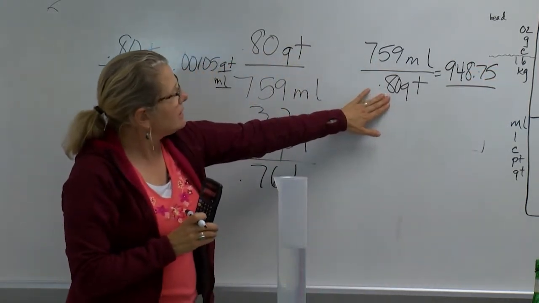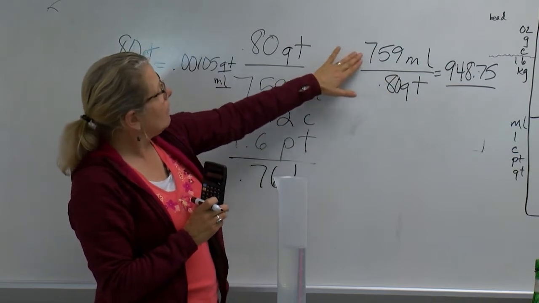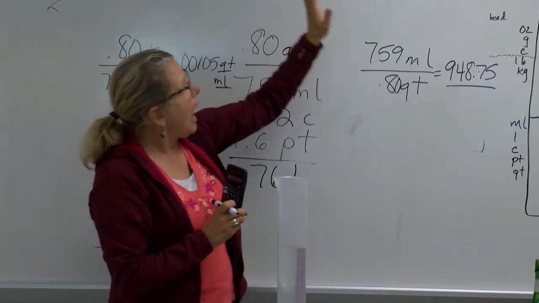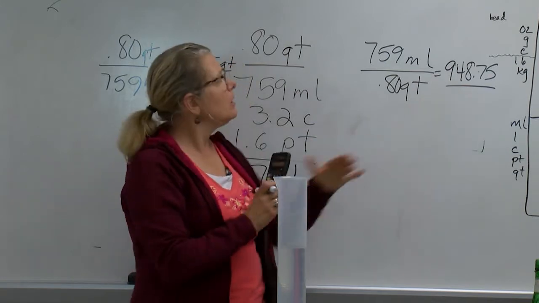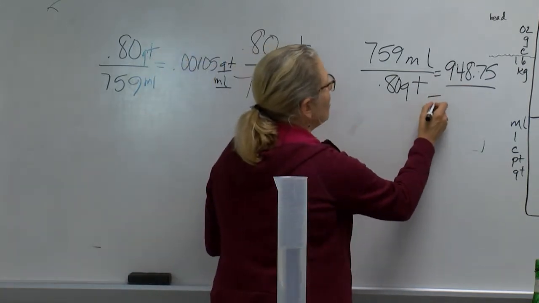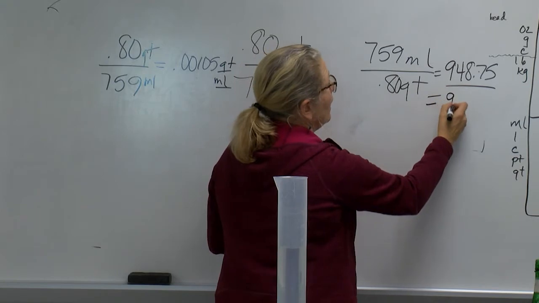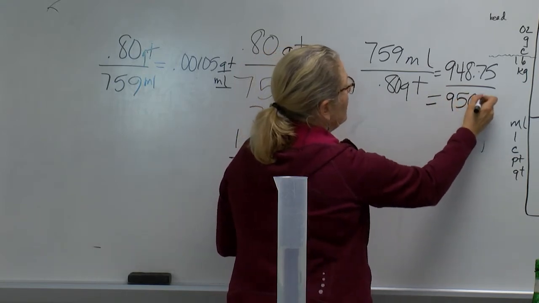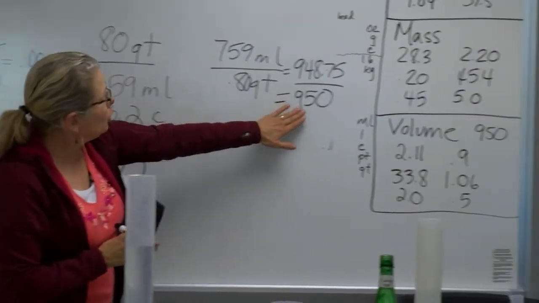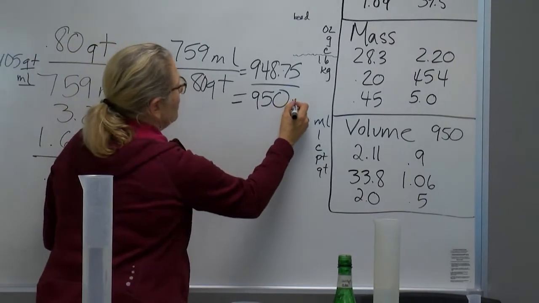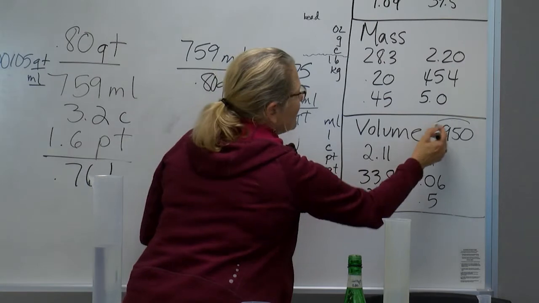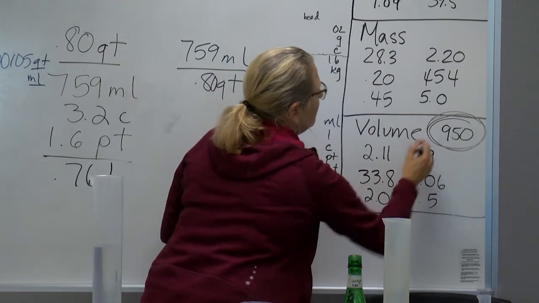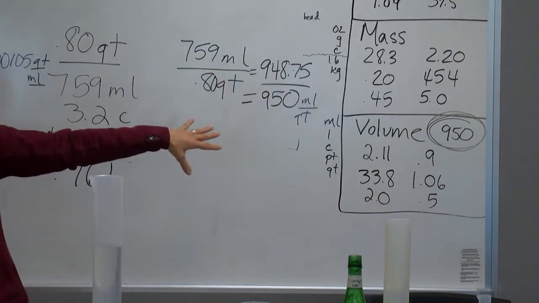How many sig figs in this number? 2. There's 3 in this. Our answer is limited to 2 significant figures. So what would we round that off to? 950. 2 significant figures, milliliters per quart. Is that within 10% of that number? It actually matches exactly.